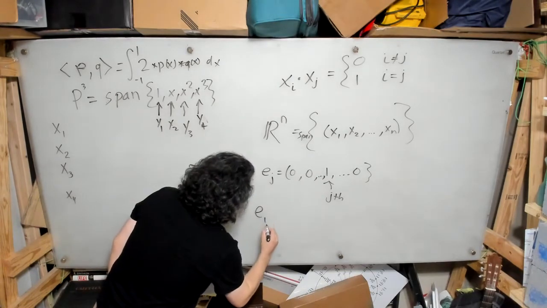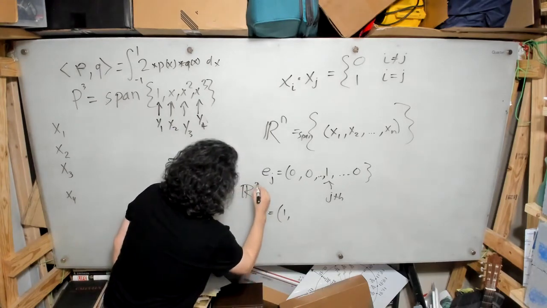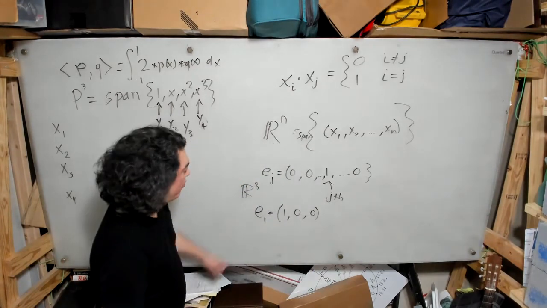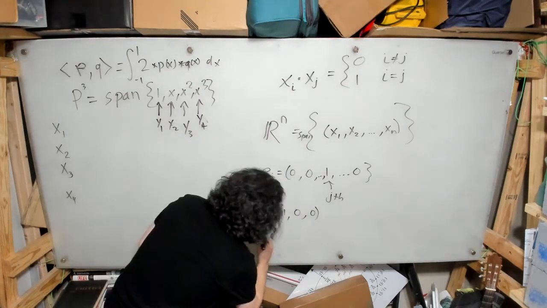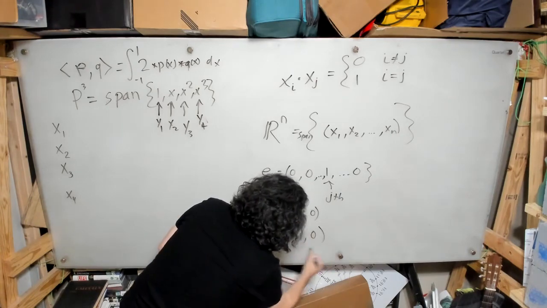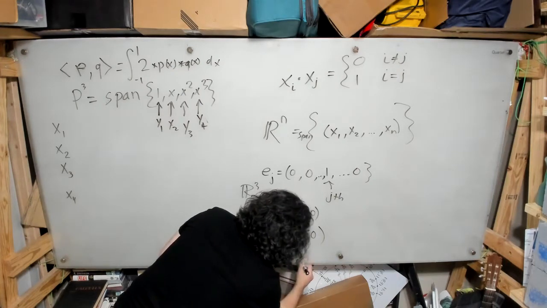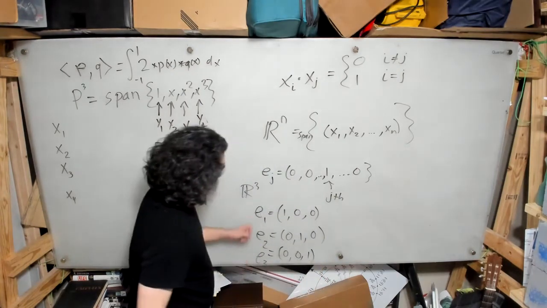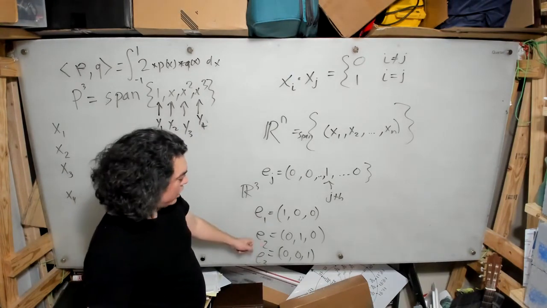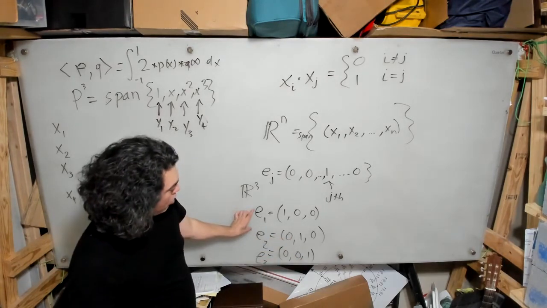Like if I have E1, let me say in R3, so it's more familiar. But you can tell this argument will work perfectly. You know that if E1, E2, and E3, like this, you can see that if I take the dot product of this one with itself, I get 1. This one with itself will be 1 also. This one with itself will be 1 also. But if I take the dot product of this one and this one, I get 0.